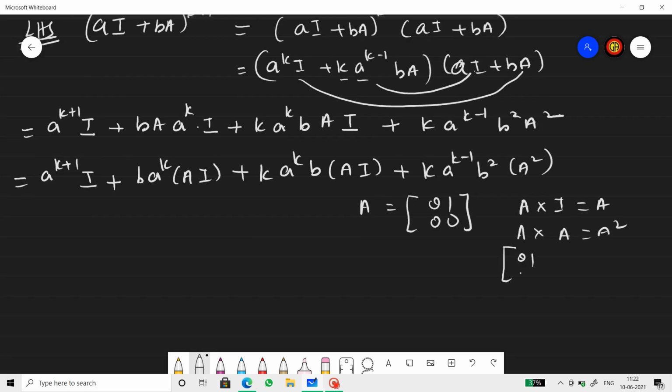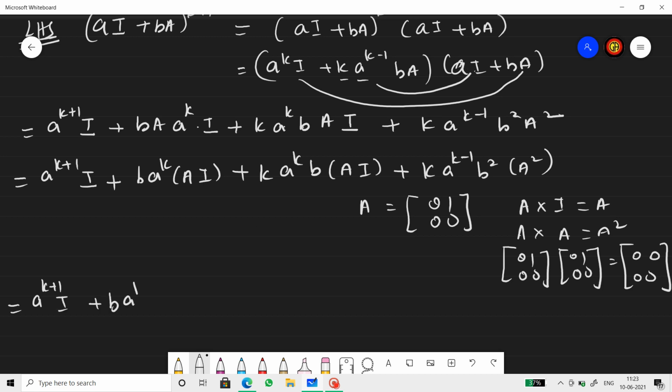Multiplying with 0, 0, you will come to know that the answer is 0, 0, 0 and 0. So A squared is a 0 matrix. So that means A^(k+1) into I plus B A^k plus k A^k into B into A plus 0, right? Because it's a 0 matrix.